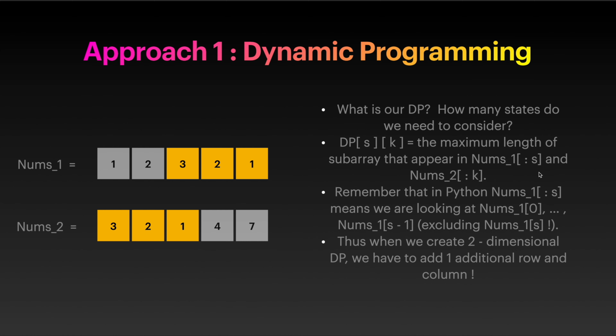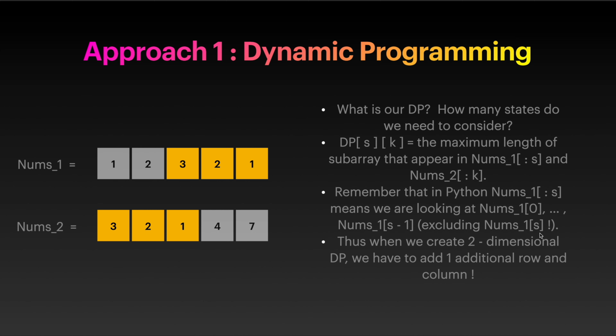Remember in Python, with this notation we do not include the endpoint. We include all the numbers from 0 all the way to s minus 1, but not s itself. So we have to somehow take this into account.